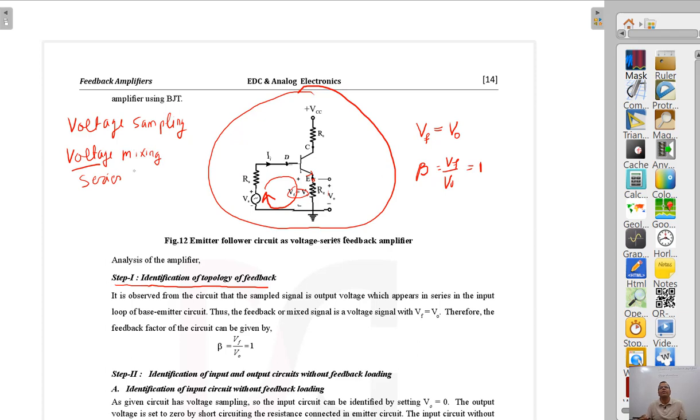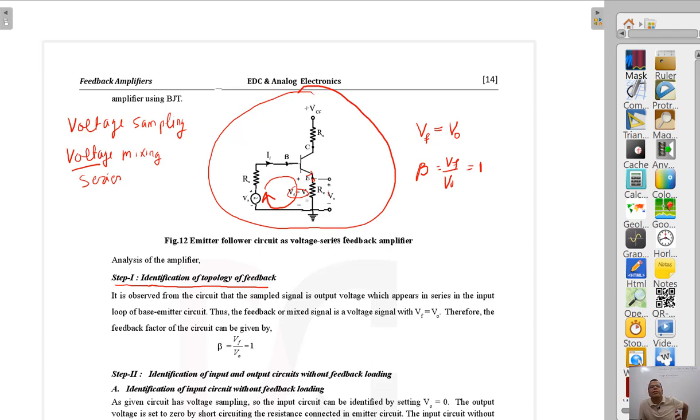Although the name voltage series feedback was already given right in the beginning, from this circuit you can identify that it is a voltage series feedback amplifier. We have voltage mixing on the input side and voltage sampling from the output side. The whole of the output voltage is appearing in the input loop.